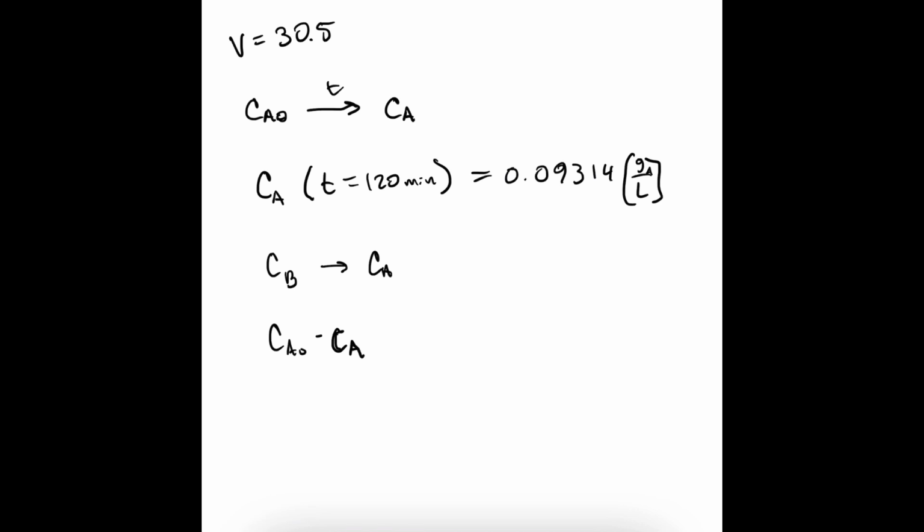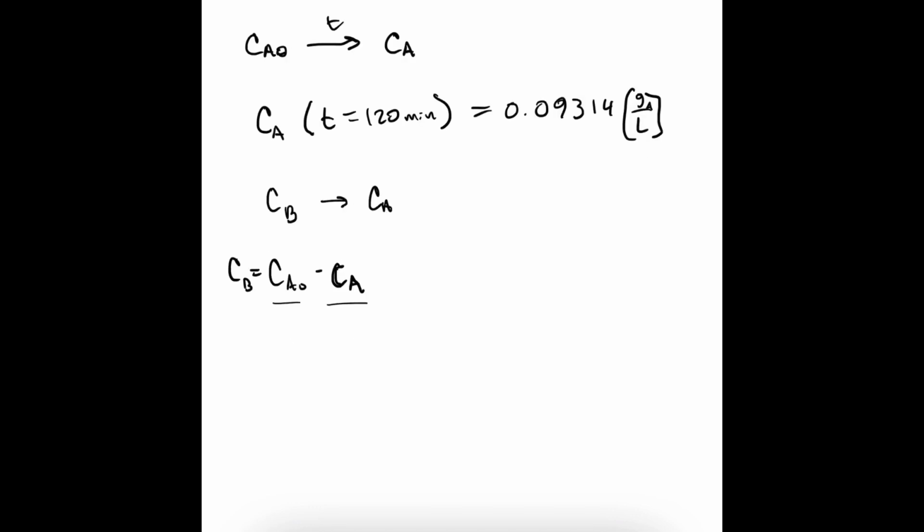Sorry, my pen's not working super well. So concentration of B equals the initial concentration of A minus how much A is still remaining. So anything that's missing from the concentration of A must be what the concentration of B is.